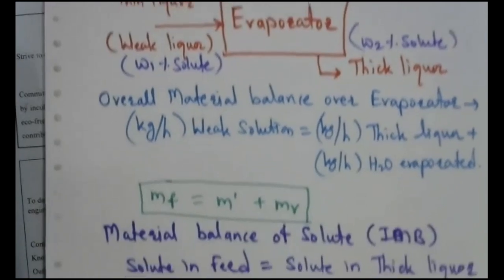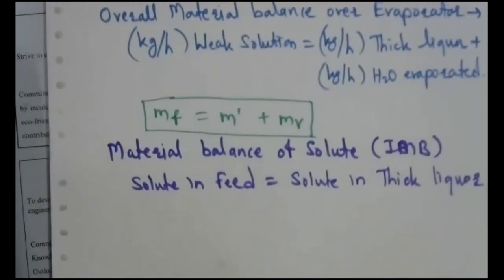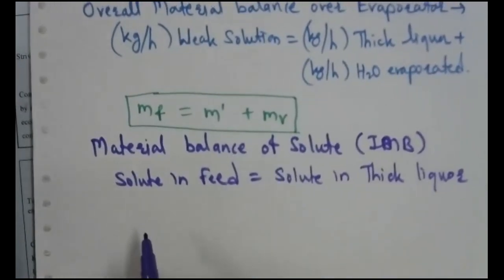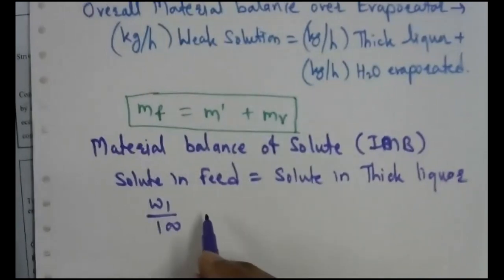On the basis of that, this percentage can be written in the individual material balance equation as W1 by 100, because W1 percent means percent, cent means 100. So W1 divided by 100 of what? That is of the mass flow rate of feed.